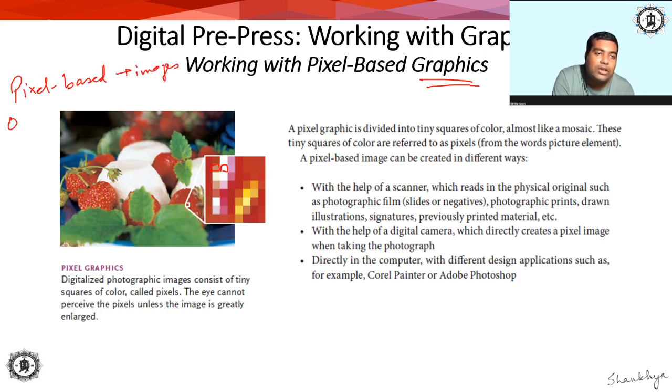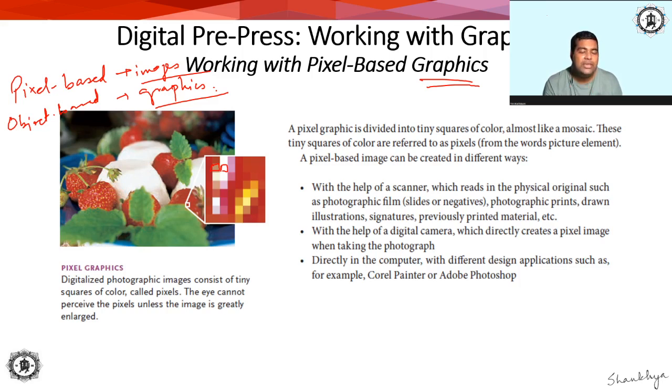But whenever you are talking about object based, you refer to them as graphics, so that you draw a distinction between the terms image and graphics. You immediately realize when I say the word image that it is definitely a pixel based image, and whenever I use the term graphics, it is object based.